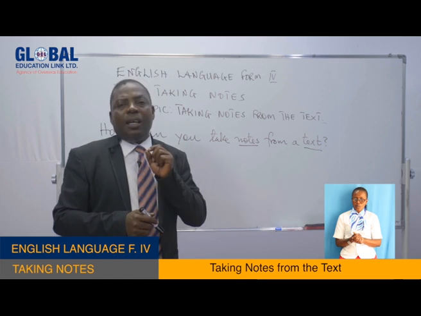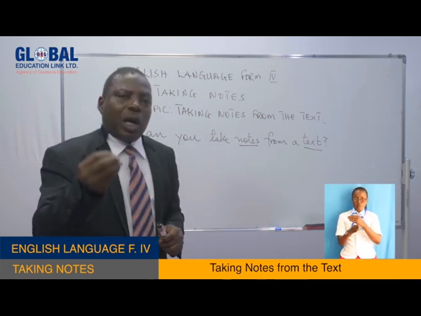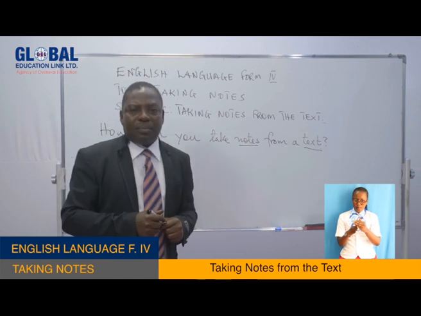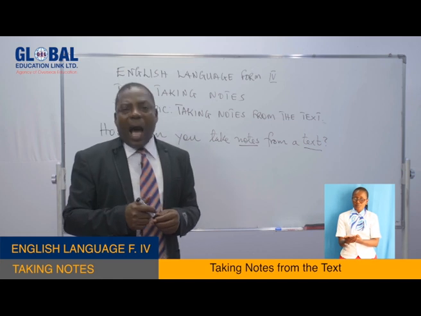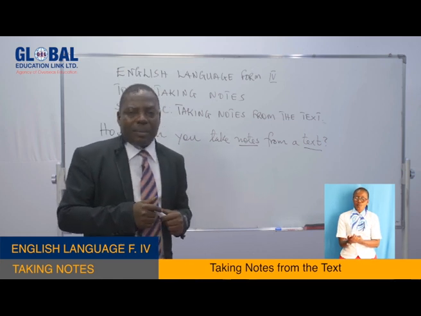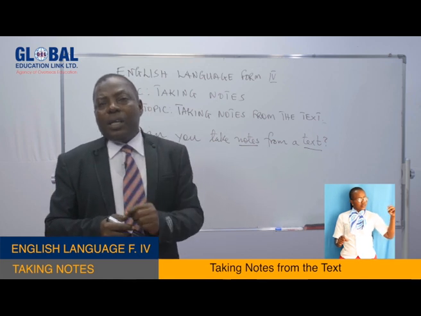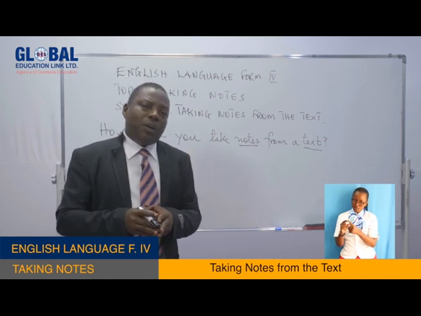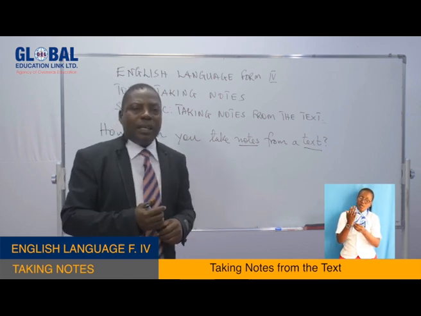When people write, they use what we call transitional words. Transitional words sometimes are known as linking words. It is these linking words that will tell you what kind of information the writer is presenting.